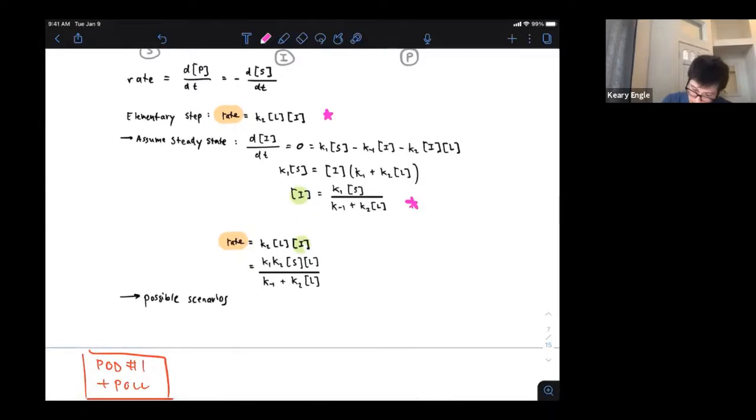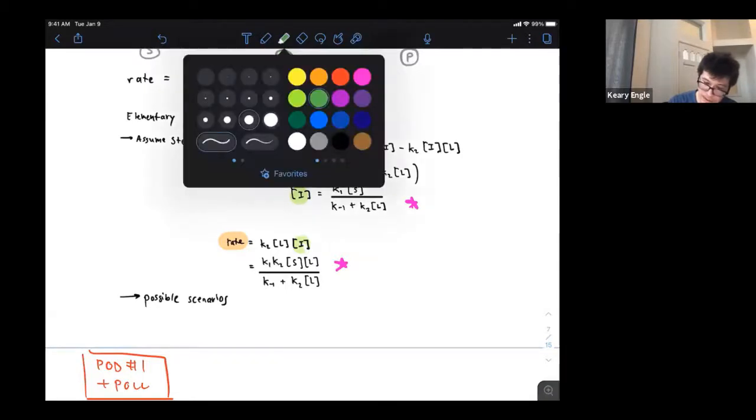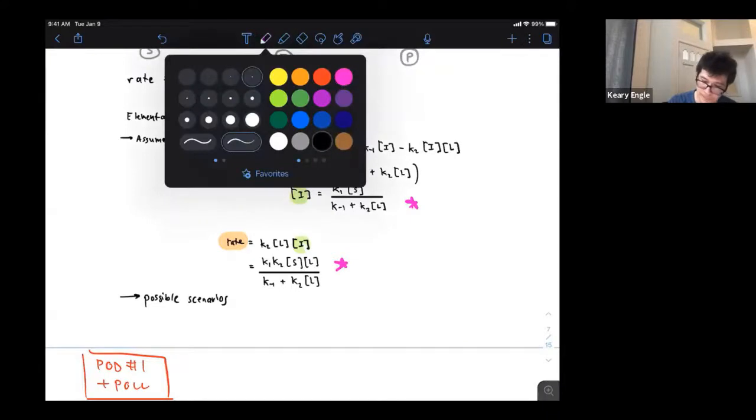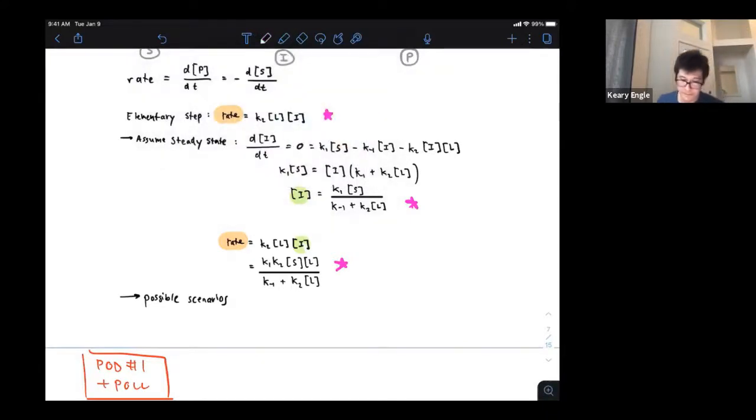And then what we get out is an expression that looks like this. If you don't want to write this down yourself, you can just take a screenshot. But what I do want to take a minute to work through together are the different possible scenarios that can then arise.